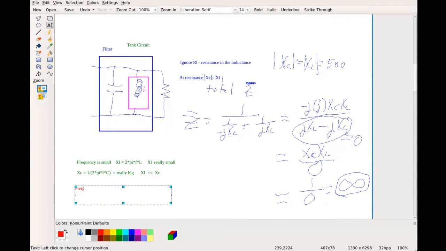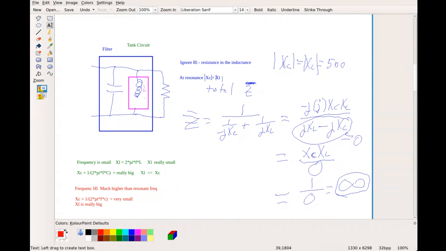Anyhow, so if our frequency is high, meaning much higher than the resonant, then X of C, which is 1 over 2 times pi times F times C, becomes very small, where X of L is really big.